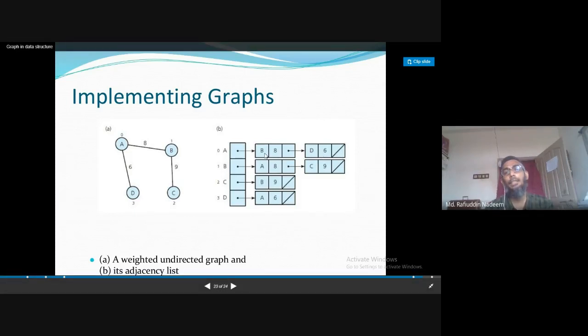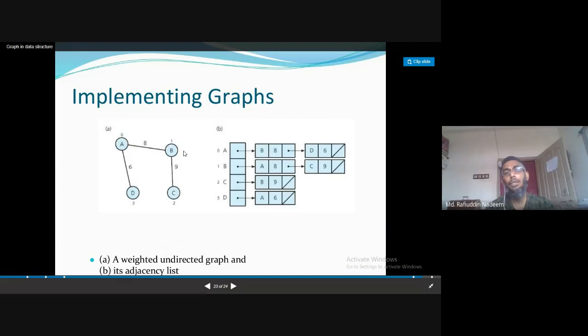One thing you observe is that this doesn't mean that B has an edge to D. See, there is no connection between B and D. The meaning of this first row is that there is a vertex called A, and from vertex A, two edges have been formed, one from A to B and one from A to D. So that is how the list is maintained.